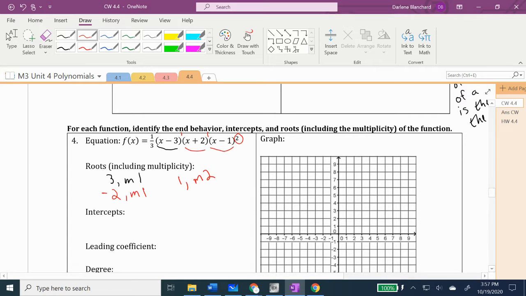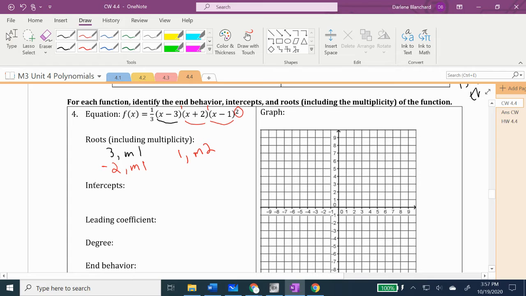The x-intercepts are the same thing as the roots. So the x-intercepts are 3, negative 2, and 1. To find the y-intercept, you're going to plug 0 into the x and see what you get for y.